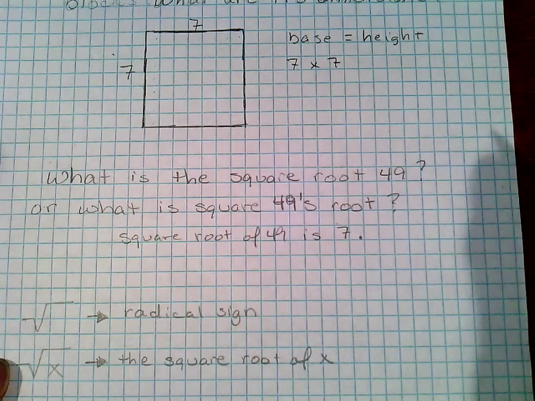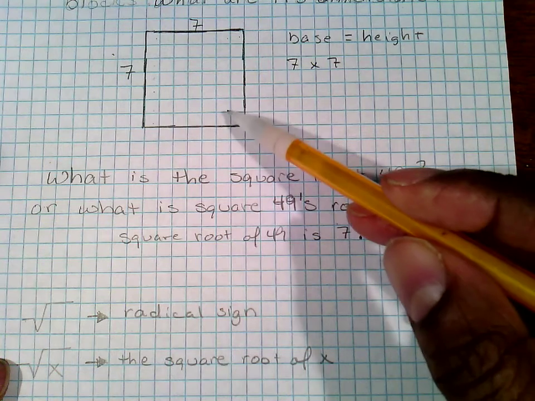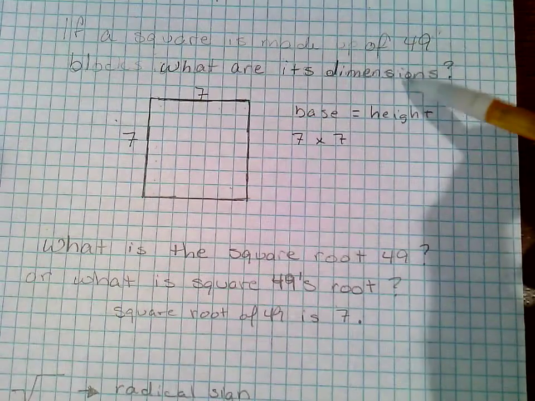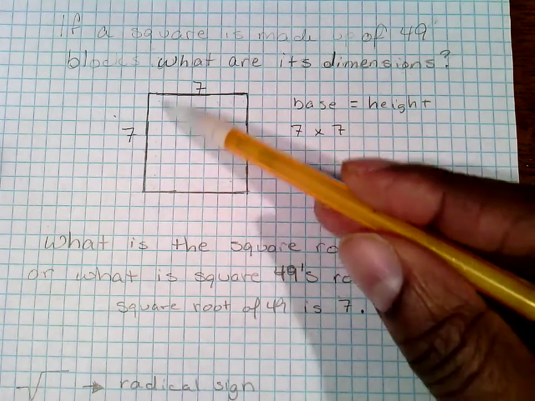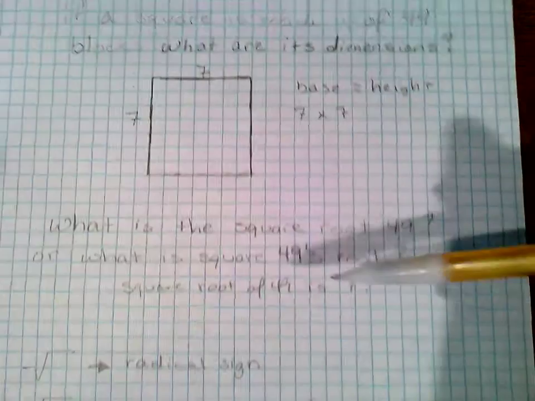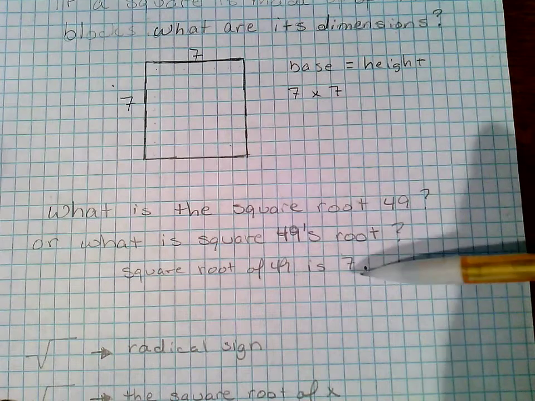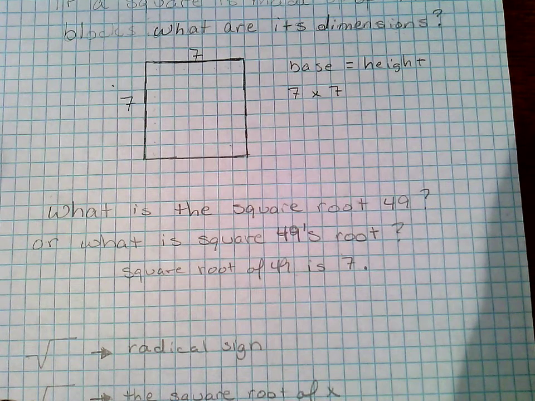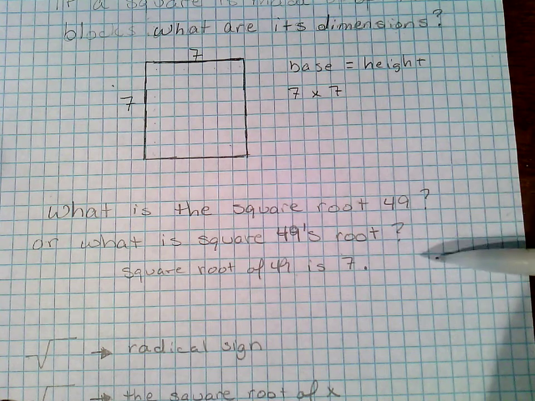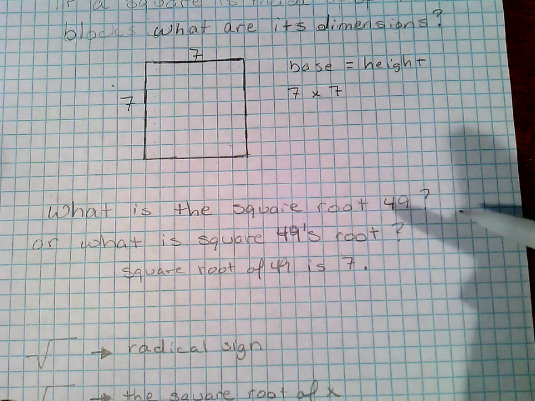So that would be the square root of this square here by going off its dimensions of how it was created. So it's 7 high and then have a base of 7. So that means the square root of 49 has to be 7, because with the number 7, we can make the base and height equal and create a perfect square.